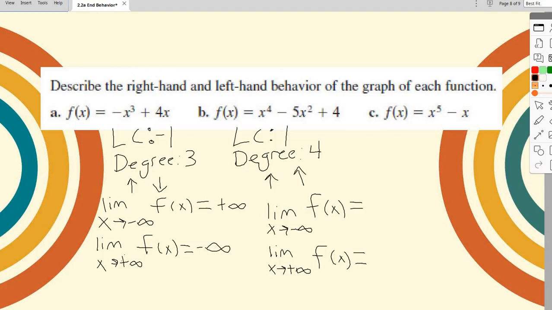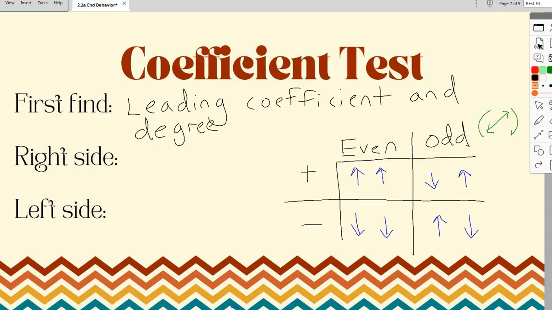Where do you see if it points up? That was me using this. Okay. So if it's even and it's positive, both sides point up. If it's even and a negative leading coefficient, both point down. I'll label this: this is leading coefficient, this is the degree. Does that help?